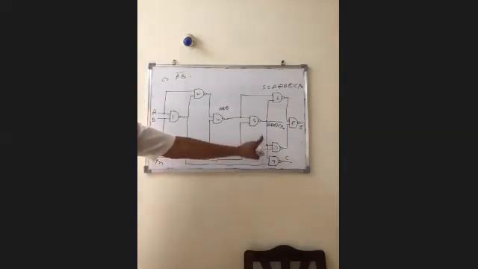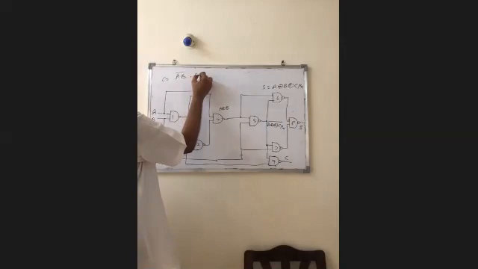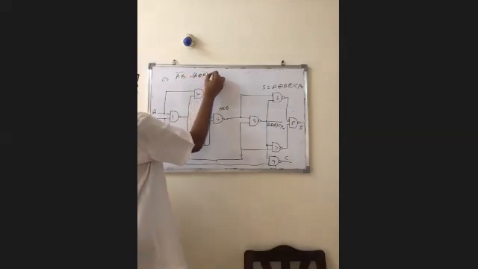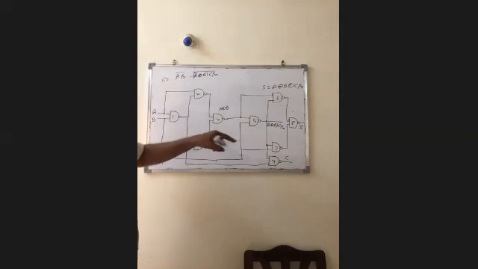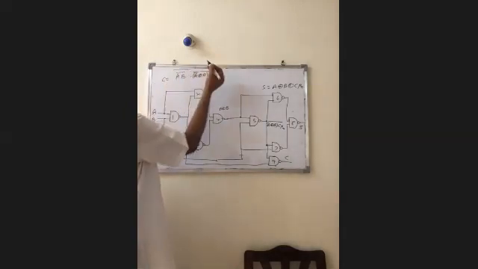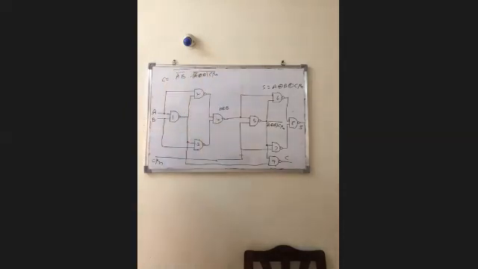So for the NAND gate 5, what is the output? A exclusive OR B multiplied by C in whole bar. So this is the 9th NAND gate output, whole bar.